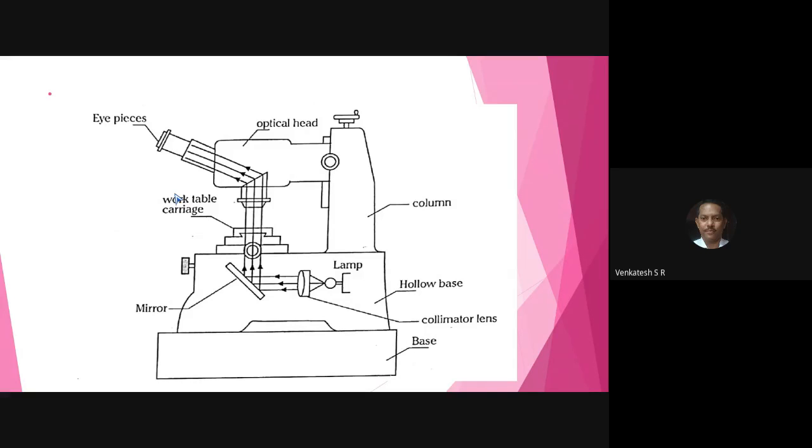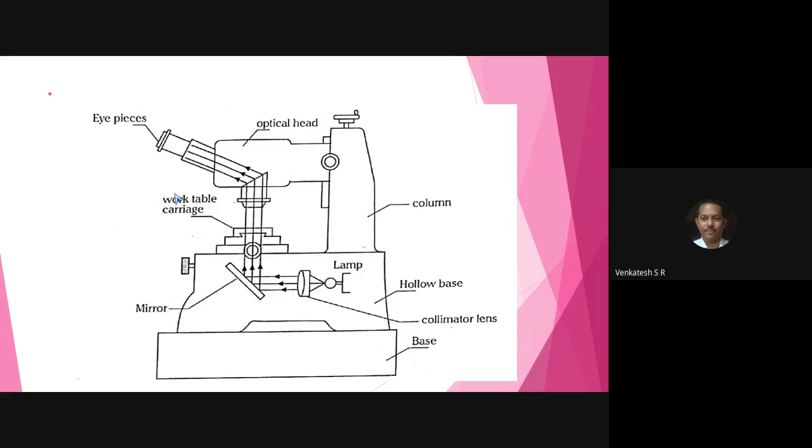Remember the elements: major diameter, minor diameter, pitch of the thread, angle of the thread, and addendum, dedendum. So you have 6 elements in the examination. You can write any 5 elements of the thread, then you will get full marks.